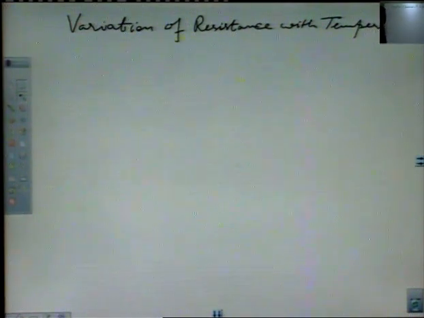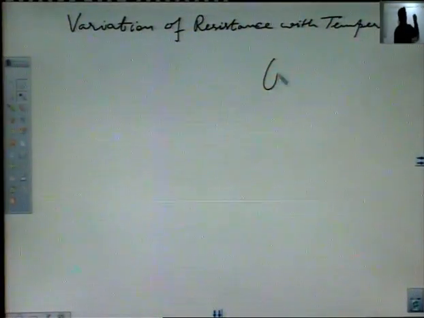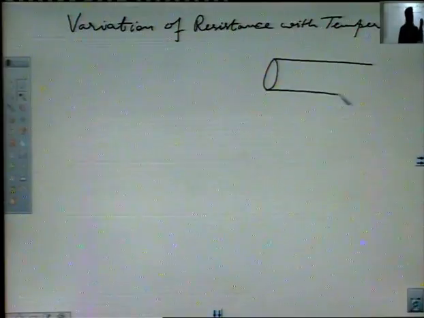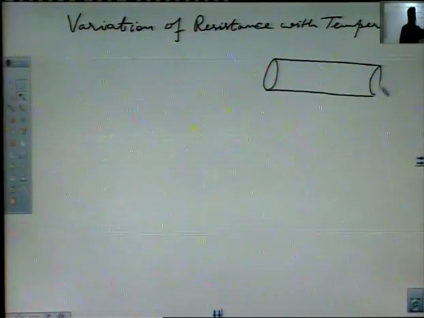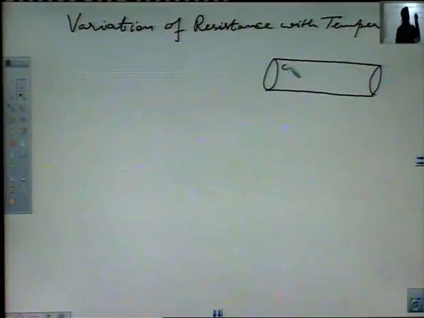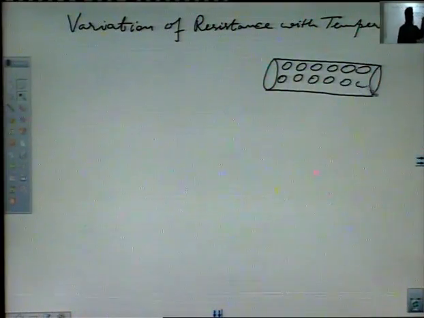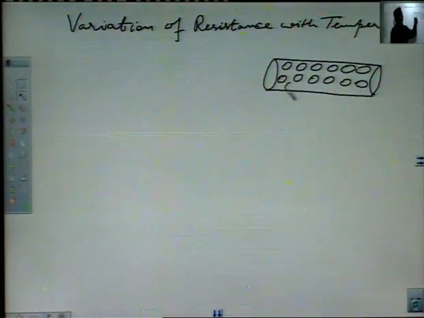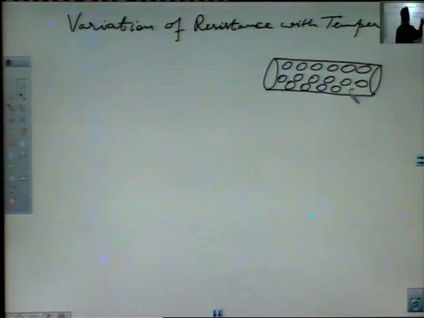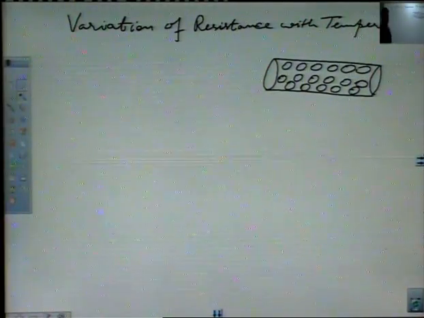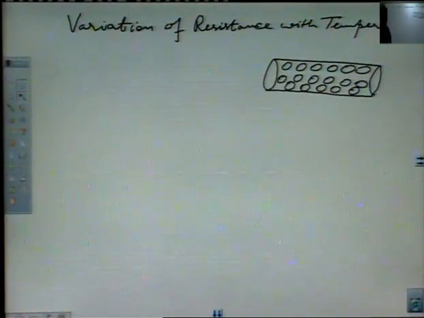So, why resistance varies with temperature? When the temperature of a conductor is raised, what does it mean? It means that we are increasing the kinetic energy per molecule inside the conductor. So, when kinetic energy per molecule of the conductors increases, their vibratory motion becomes more vigorous.